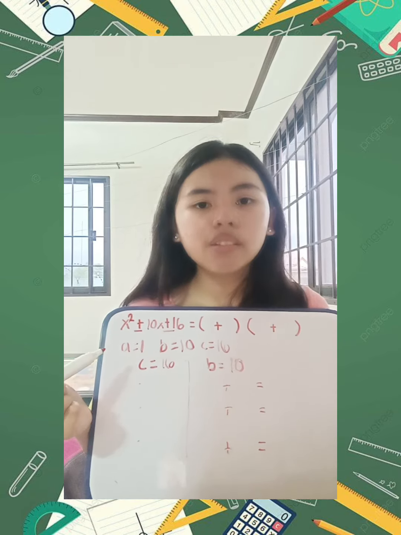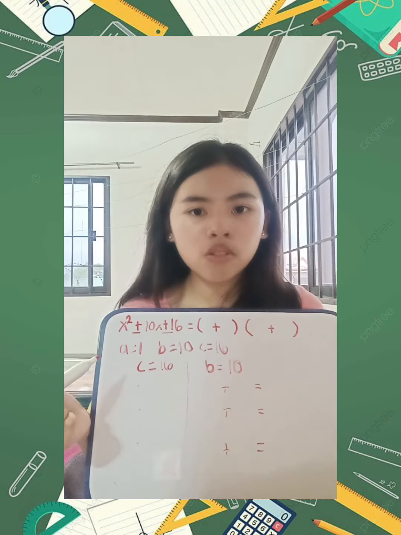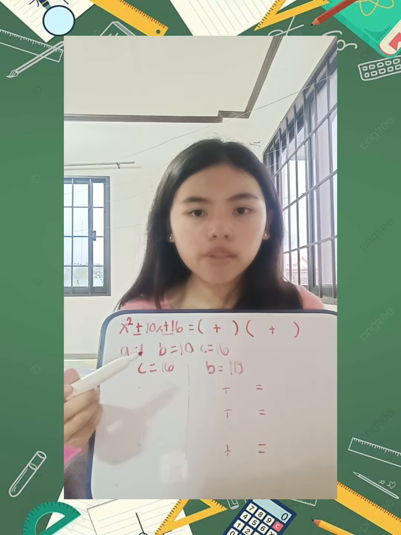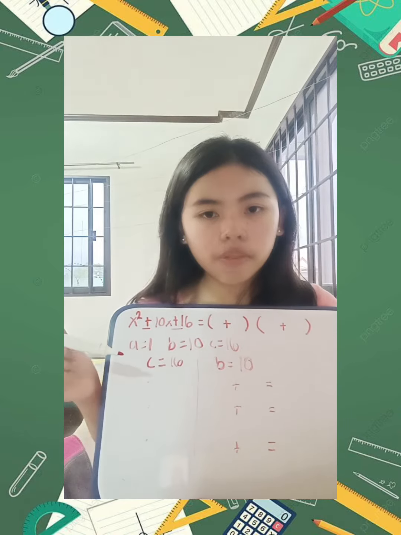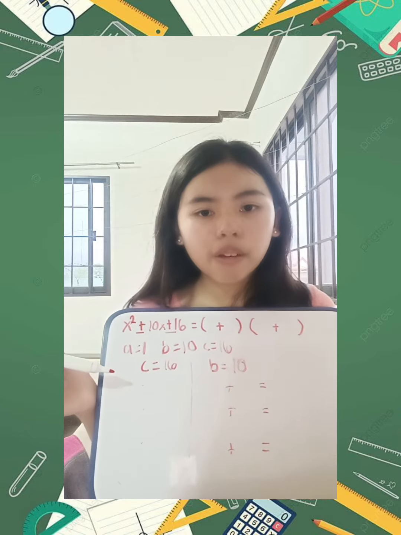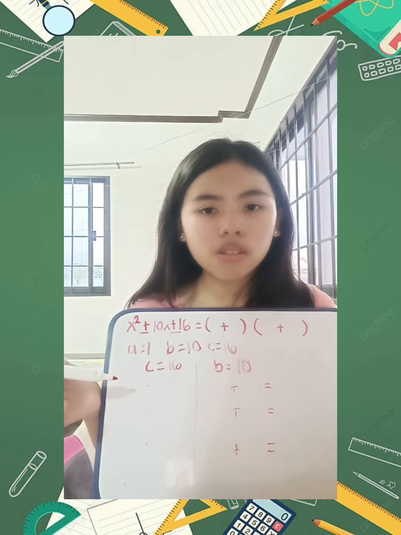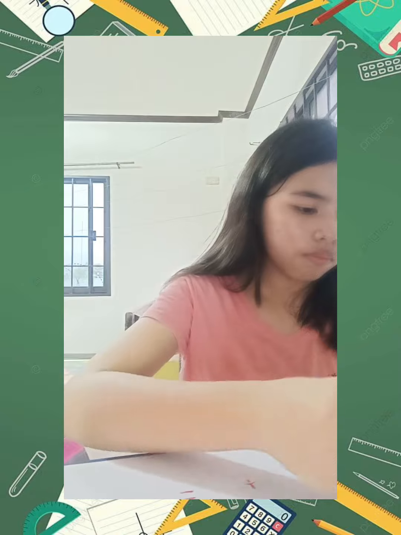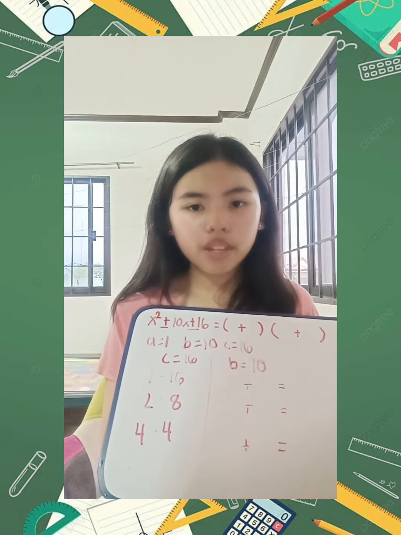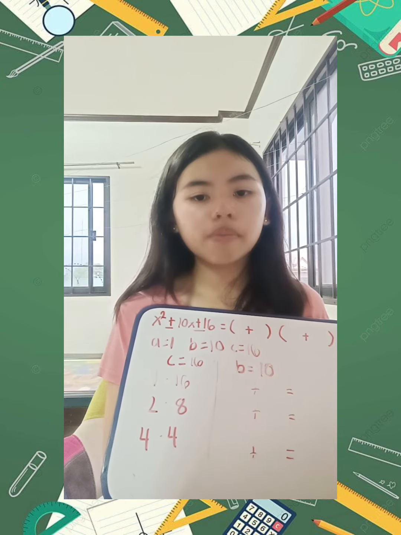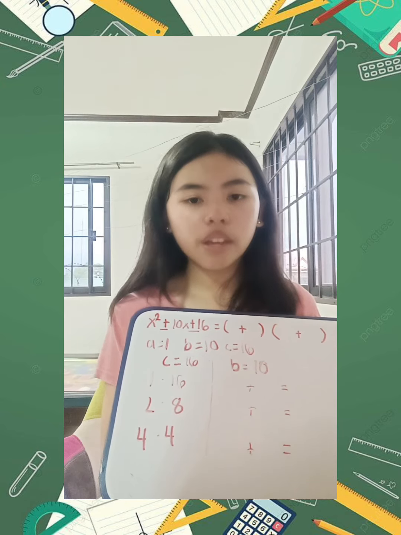First, you will write down the numerical coefficients of each term, which is A equals 1, B equals 10, and C equals 16. Then we will list down the pairs of integers whose product is 16. Here we have 1 times 16, 2 times 8, and 4 times 4.